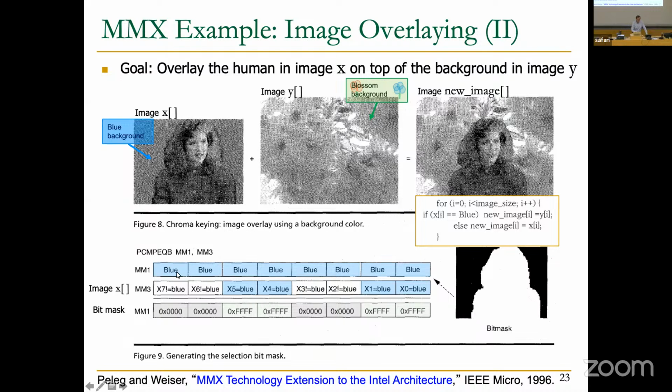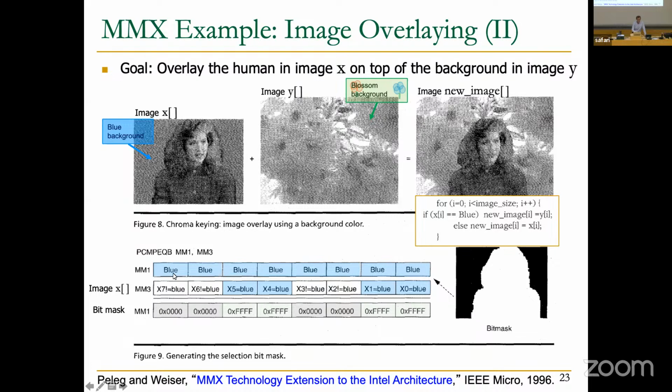Basically, this is MM1. You're comparing everything, whether it's blue or not. This is basically the thing that you're going to try to mask with. And then you load 8 pixels of this image into MM3. And some of them are blue and some of them are not blue, as you can see. These are coded. And what this instruction does, it compares whether the value over here is equal to this value or not. And then the result is a bit mask.